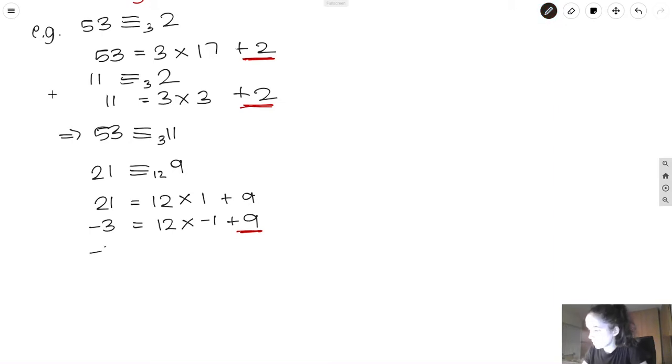So minus 3 is going to be congruent to 9 mod 12. So this is one option of this is true. So you can say, since both of them are going to leave the same remainder, we can also say that 21 is going to be congruent to minus 3 mod 12.